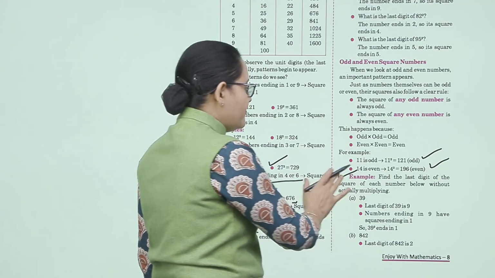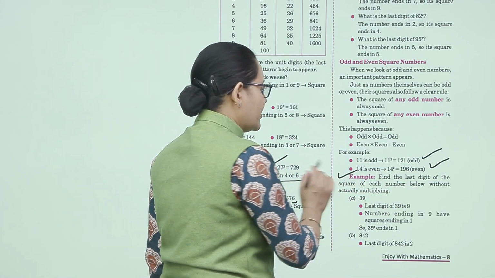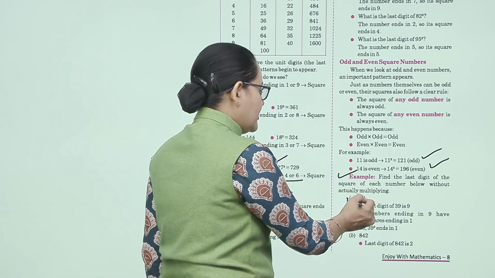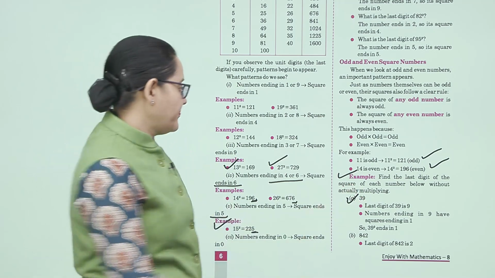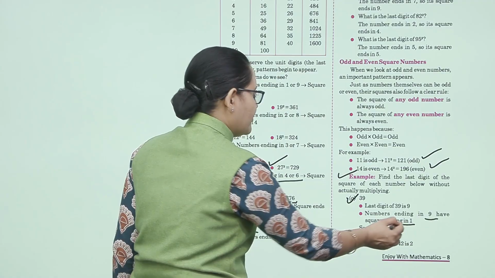One more example we'll take here. Find the last digit of the square of each number below without actually multiplying. 39: the last digit of the number is 9, so a number ending in 9 has its square ending with 1.